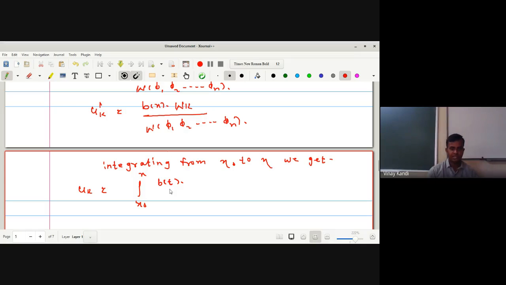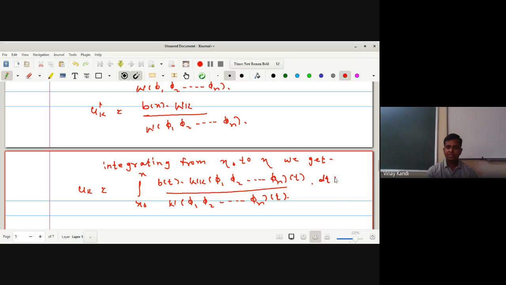Okay, change the variable x to t, wk of phi 1 phi 2 up to so on phi n of t upon rho skein of phi 1 phi 2 up to so on phi n of t into dt, where k running from 1 2 up to so on n.